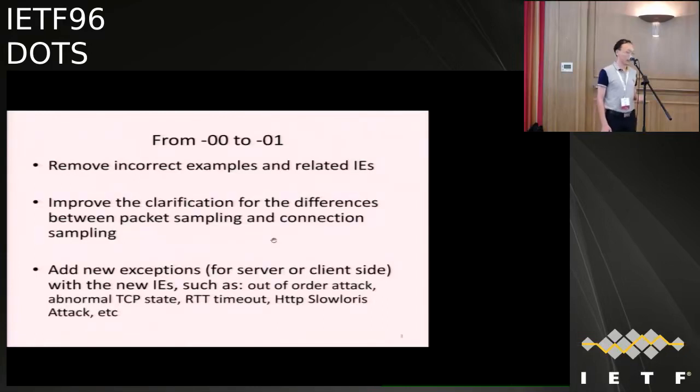The first is we clarify the difference between collection sampling and packet sampling. And the other improvement is we propose some new IEs that can be used to detect DDoS attacks or even more exceptions, such as a fragment attack, out of order attack, and some others.